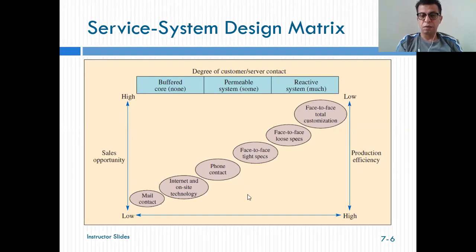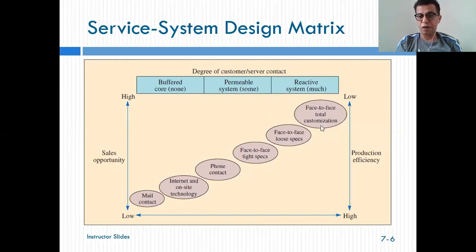But these two are determined by your goal. What's your goal? If you want to make more sales, or second, whether you want to have more production efficiency. But what determines that is the degree of customer server contact.